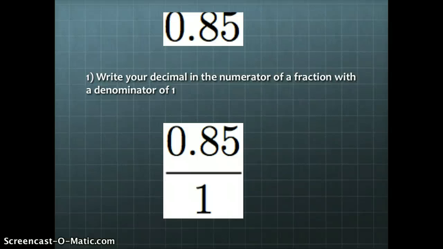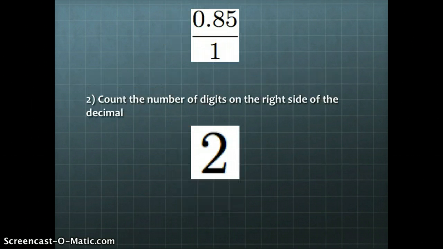So we'll break this down into 4 steps, and the first step is to write the decimal in the numerator of a fraction like we did here, and we want to set the denominator as 1. Step 2, count the number of digits on the right side of the decimal. We have 2 numbers on the right side of the decimal.